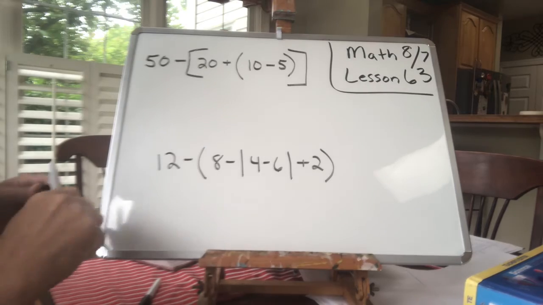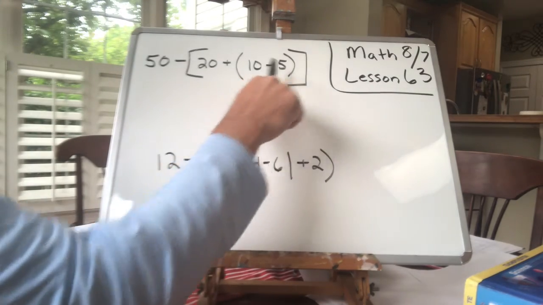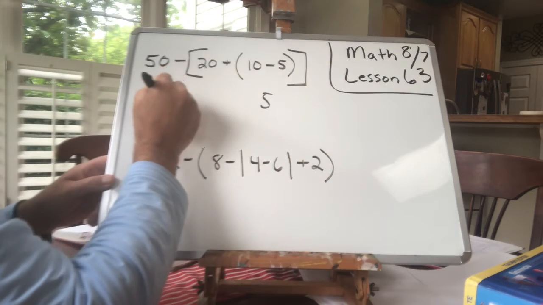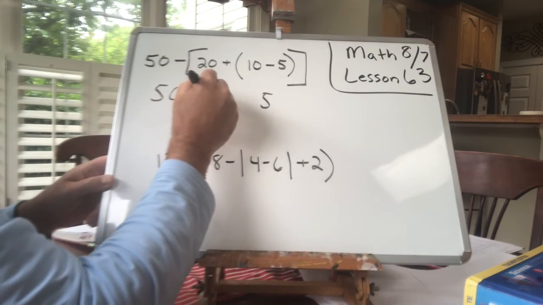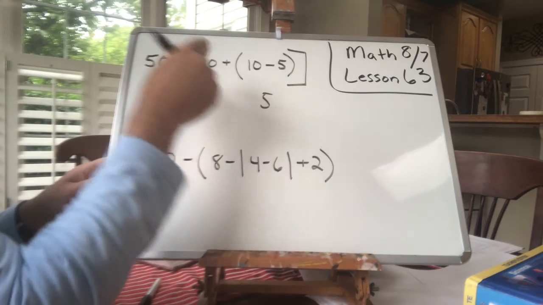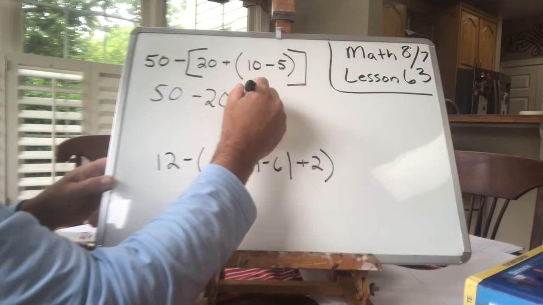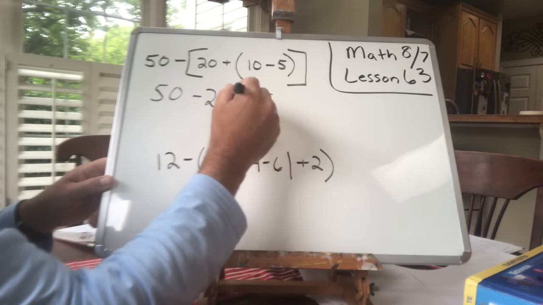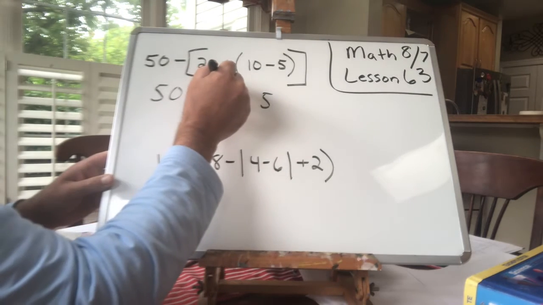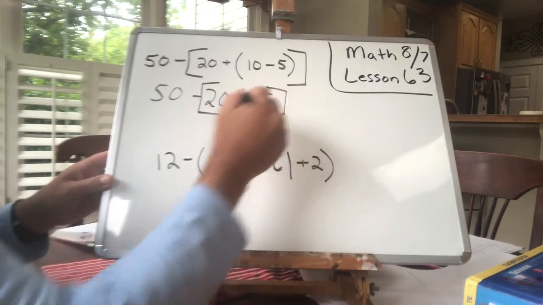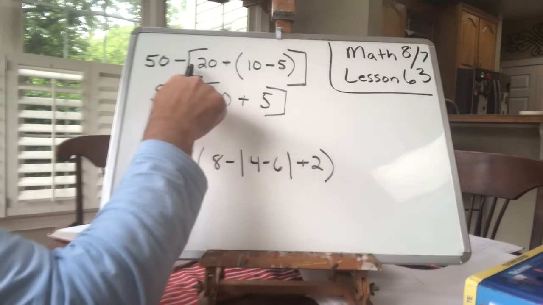So we're going to solve for that first, which is 10 minus 5, which is going to be 5, right? So we're left with 50 minus 20 plus 5, okay? Now remember, there are still these brackets right here.